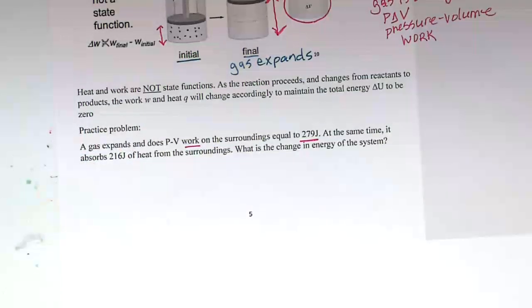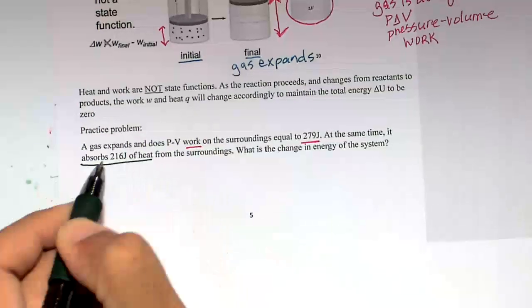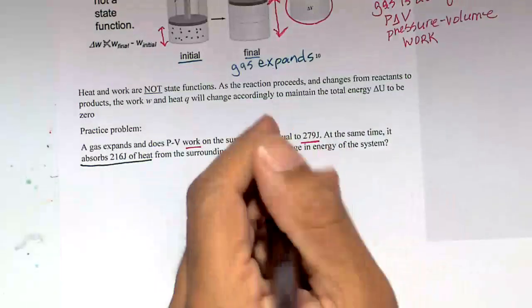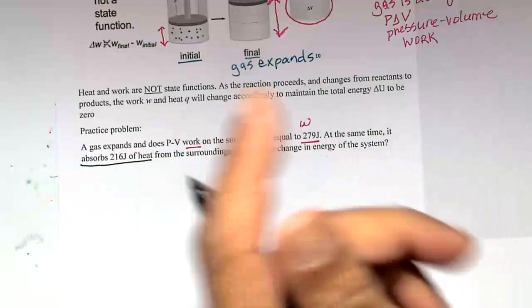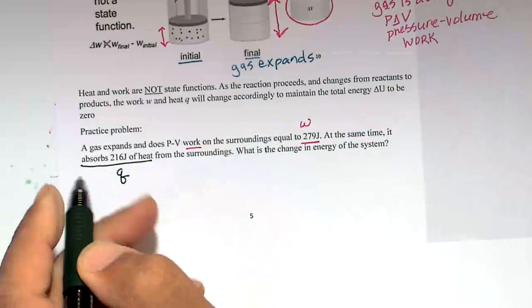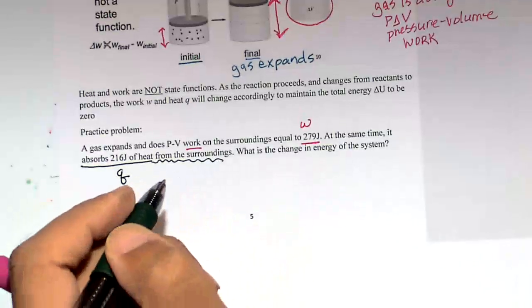At the same time, it absorbs 216 joules of heat. So the work it does is 279 joules. The heat, lowercase q, is 216 joules from the surroundings.